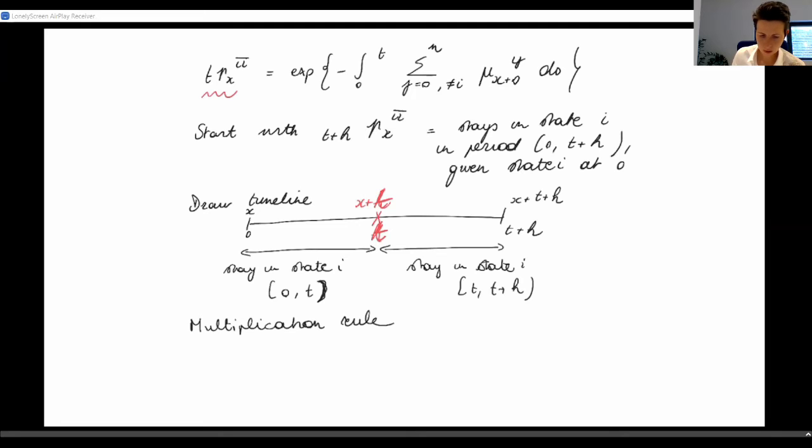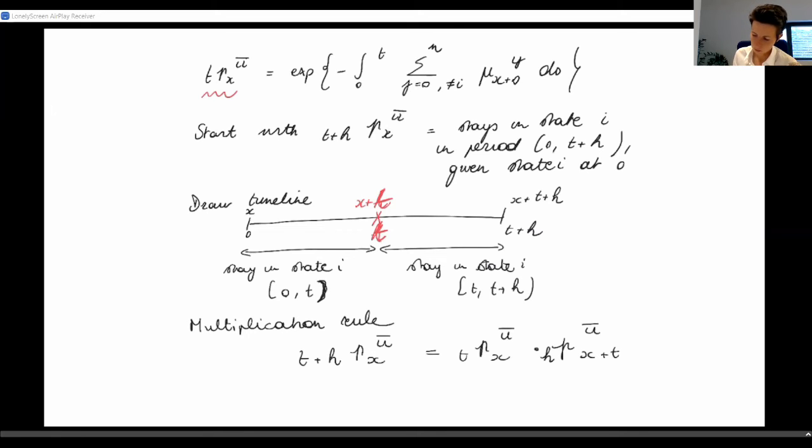I know that the probability that my x-year-old will stay in state I over the whole time length is the probability that he or she will stay up to time t, and then given that you are x plus t, you will have to stay another time period of length h. That's the multiplication rule, which we already used in the life insurance setting, being applied over here again.